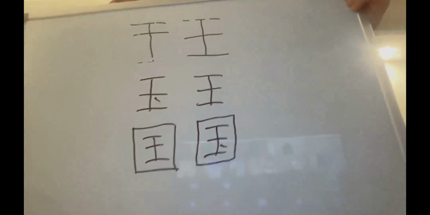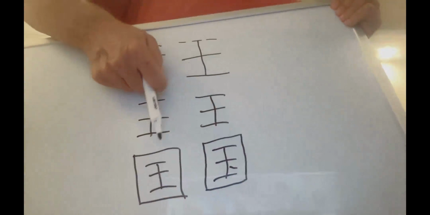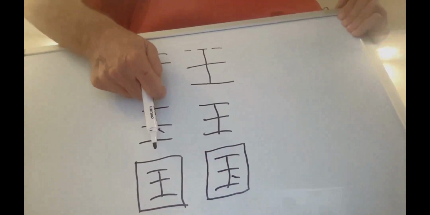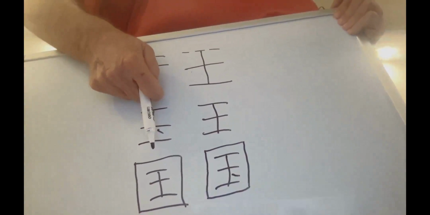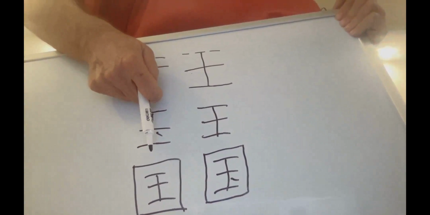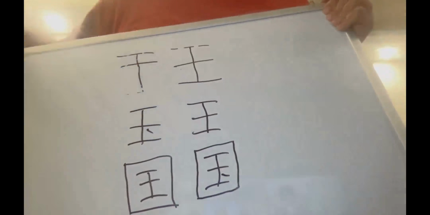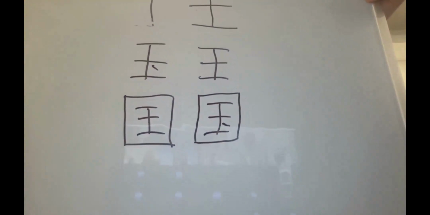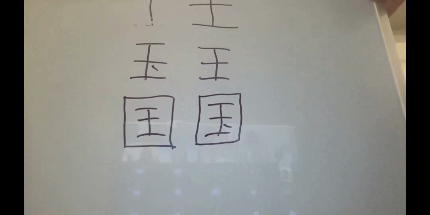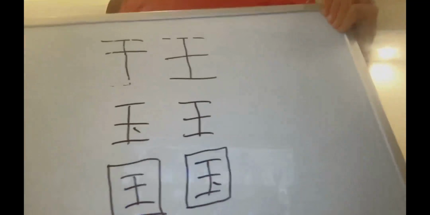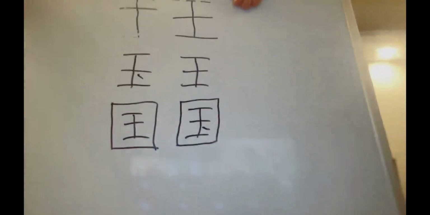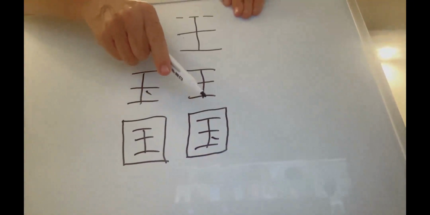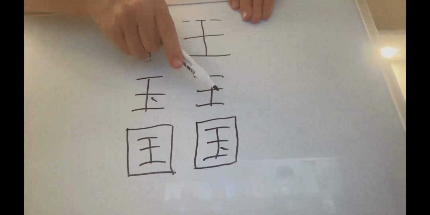Okay, this is the Japanese character for a country. It's a wall that has a king. It's also a variant character in traditional Chinese. But there's a story about a guy named Zhou Enlai, who probably died before you were born.